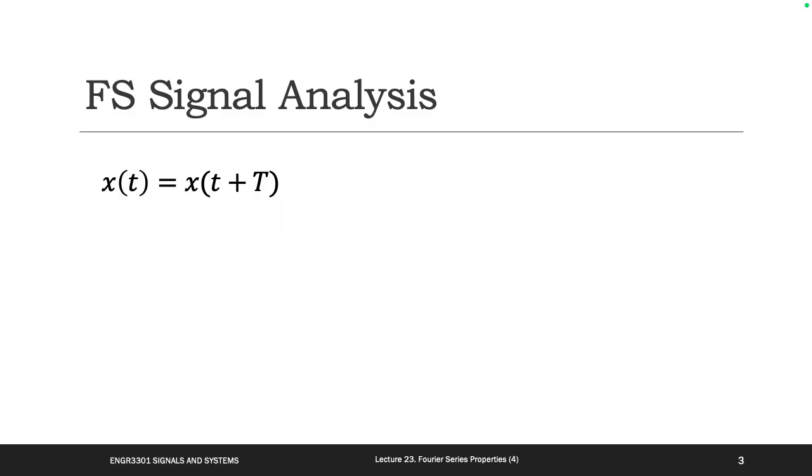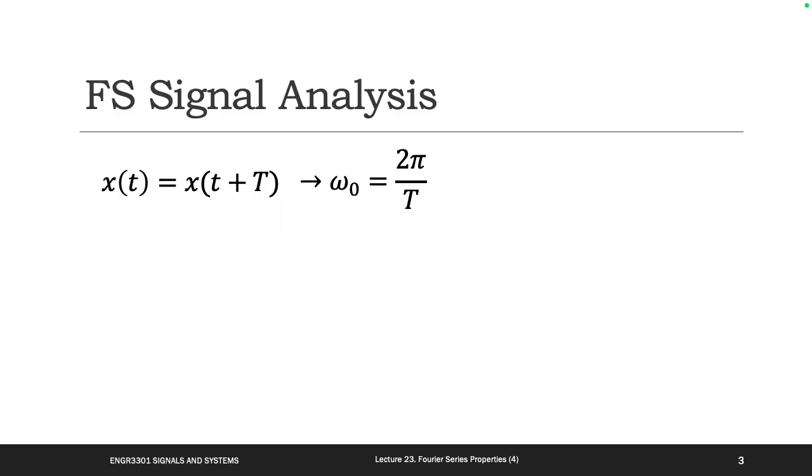You do a time shift, but those two signals are equal to each other. What does that mean? After the time shift, it's the same thing, which means it's periodic, with the same value over every period T. That makes sense? When we write down this signal, it is a periodic signal.